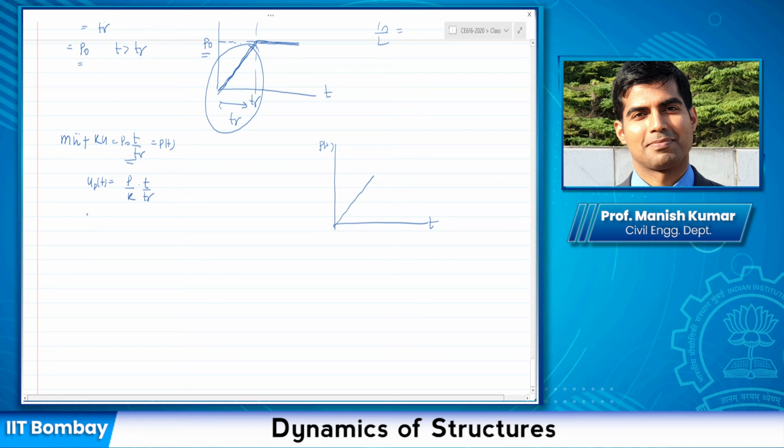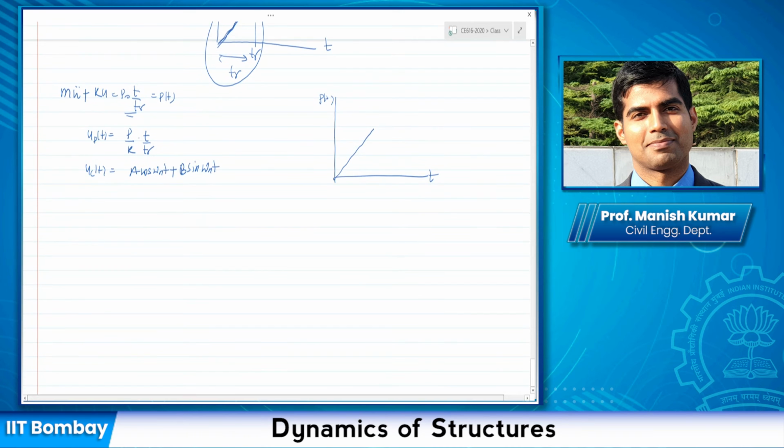The complementary solution for this would again be A cos omega n t plus B sine omega n t. And I can write my total solution as, remember this is p naught by k, t by tr plus A cos omega n t plus B sine omega n t.